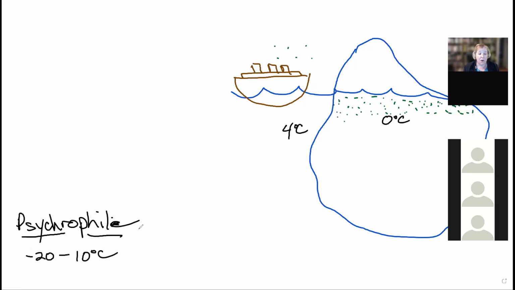Of all of the microbes that we've isolated that live on glaciers and snow and in Arctic and Antarctic conditions, when we look at their optimum growth ranges, we get this average temperature range. So that would be a psychrophile, okay.